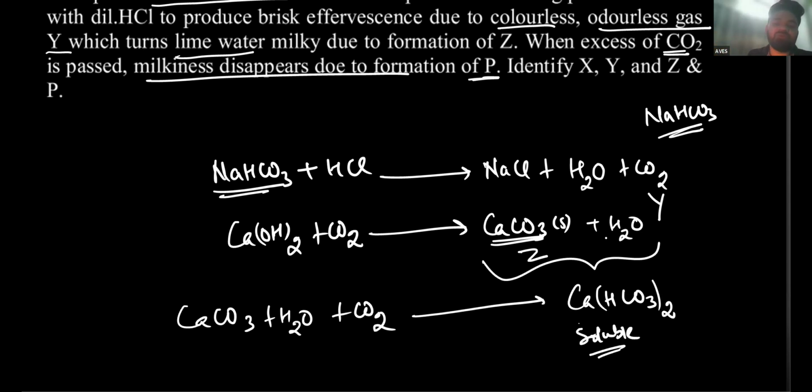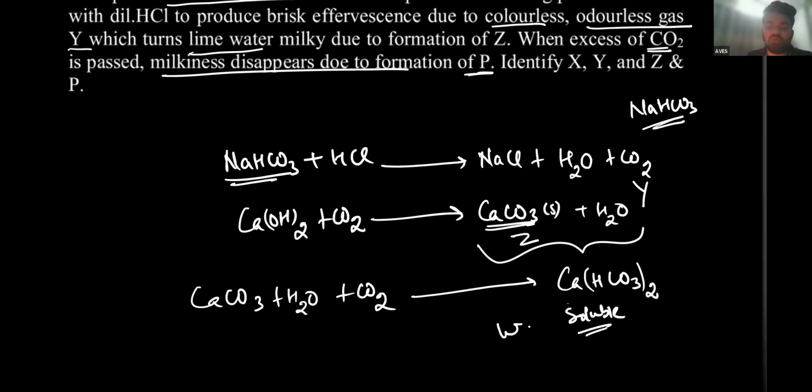But if you dissolve some chalk into the water, it becomes white in color, because chalk particles are much bigger and are not able to go into the intermolecular space of the water, so their color is visible. But if it goes into the intermolecular space, the color will not appear. So here the milkiness disappeared due to the formation of calcium hydrogen carbonate, which is water soluble.